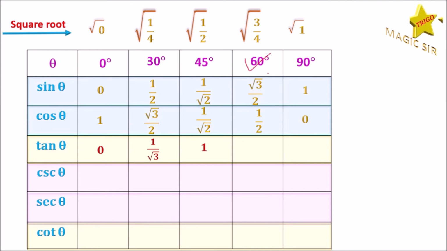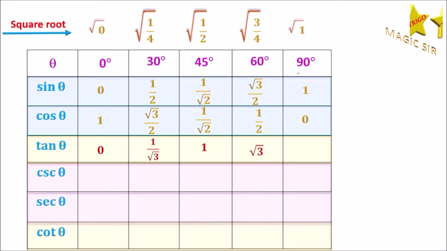For 60 degrees, tan 60 degrees is equal to root 3 by 2 upon 1 upon 2. By simplifying, we get tan 60 degrees is equal to root 3 upon 1, which is equal to root 3.